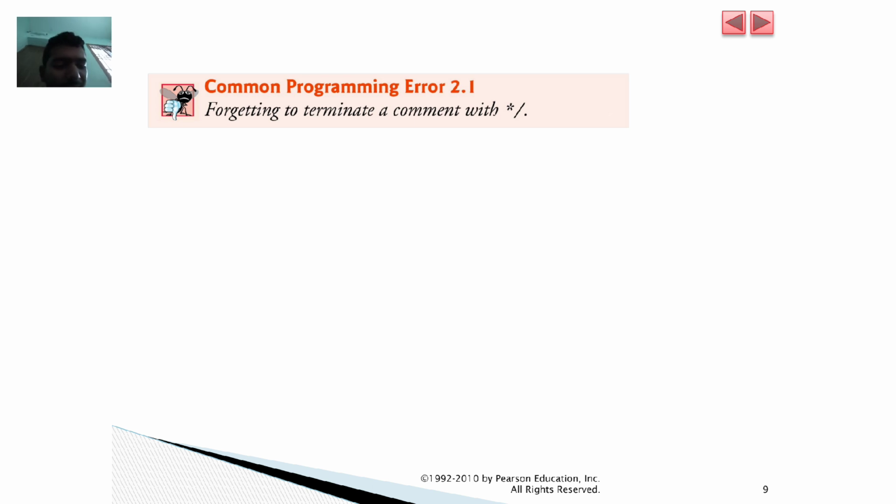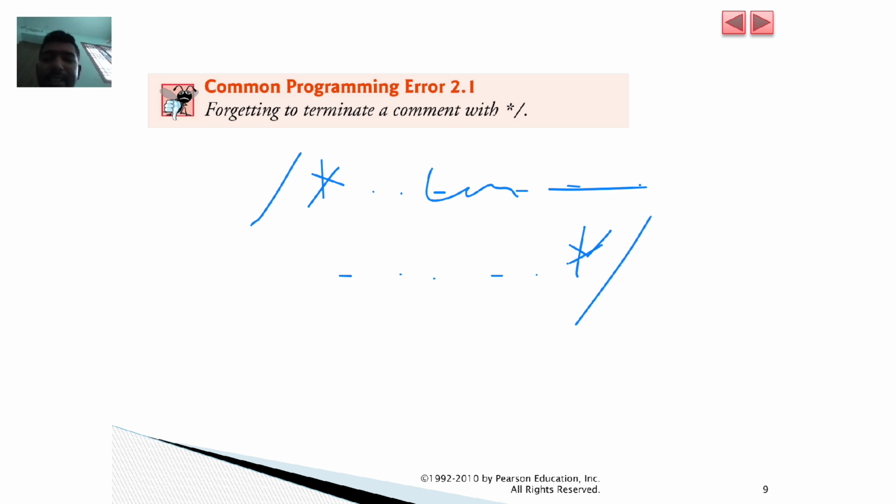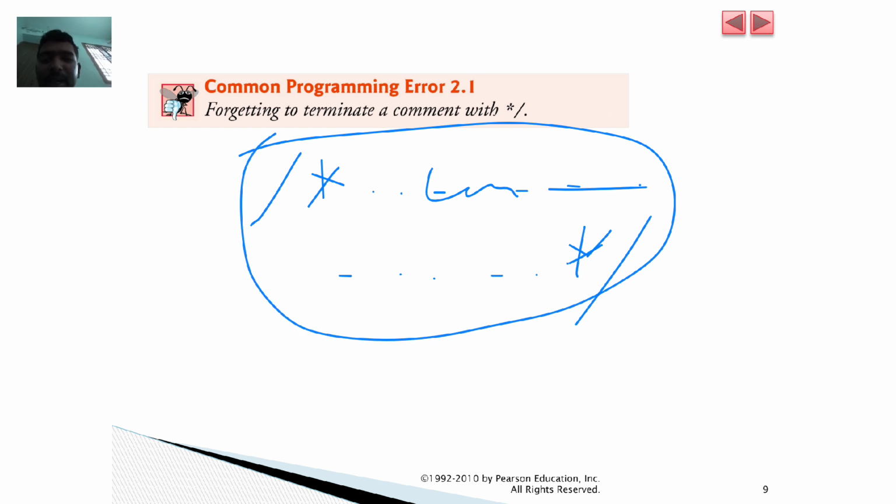If you start a comment with slash and star, write some comment, and do not terminate it with star and slash, then everything after it is considered a comment, it will not be compiled by the compiler, and it will throw an error.